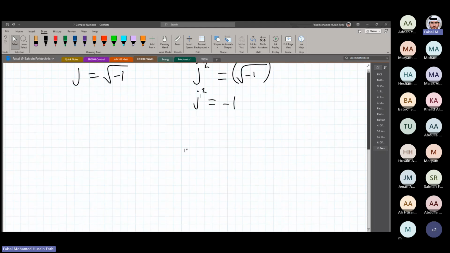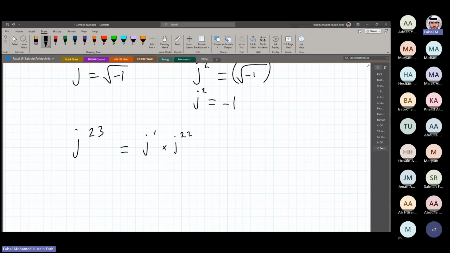So let's say we have J to the power of 23. Remember your exponential rules. This is the same as J to the power of 1 times J to the power of 22. Then you're just adding 1 plus 22, صح ولا لا? When you multiply, this is the same as adding the powers.